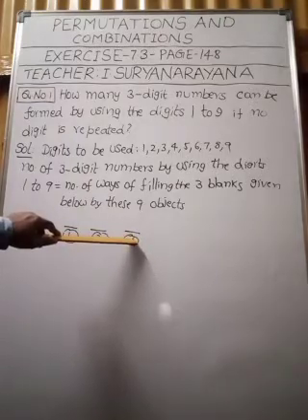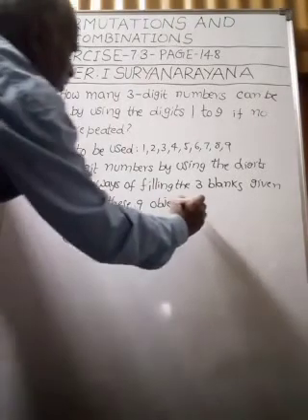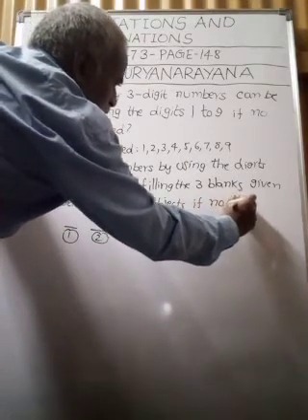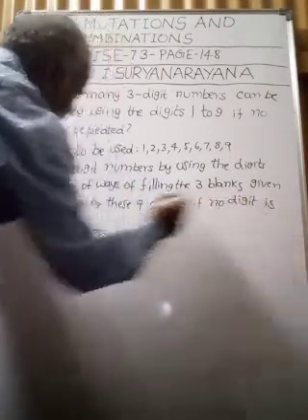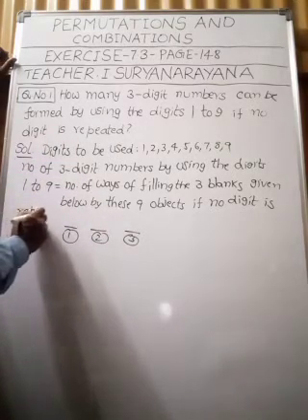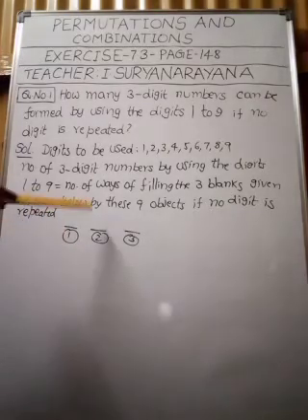Filling the units place by the digits is a third operation. If no digit is repeated, repetition is not allowed.